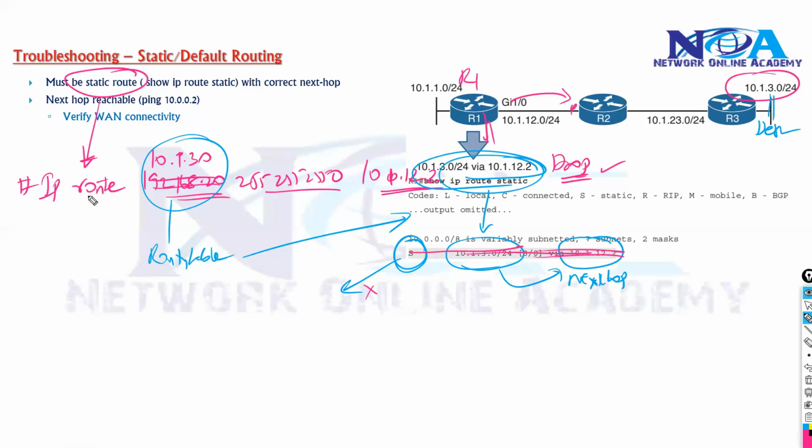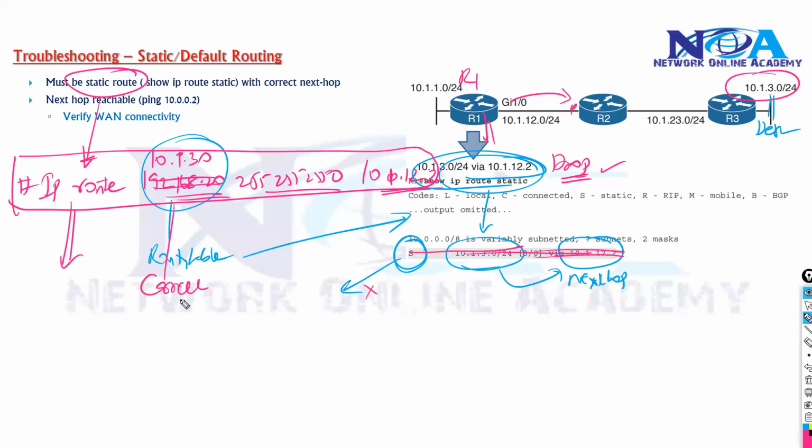Whenever you do this configuration, there is one more thing we need to know. You always need to ensure that you give the correct static route. This should be correct in the sense that you define the proper network ID, the correct subnet mask and other options, and that the next hop address is also correct.